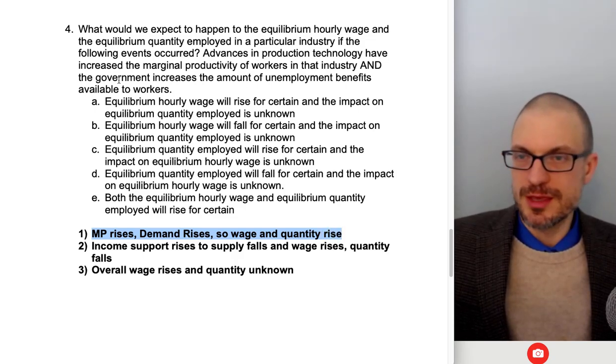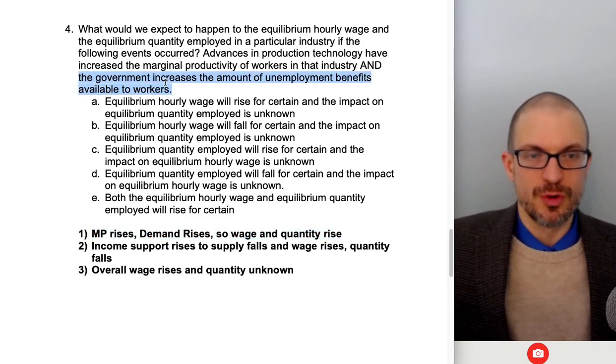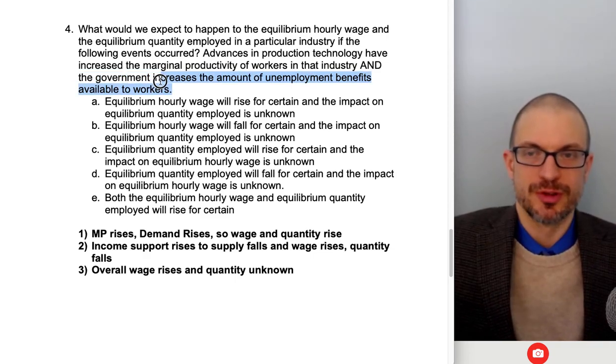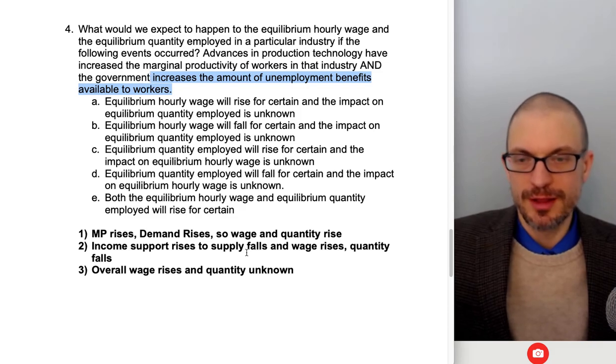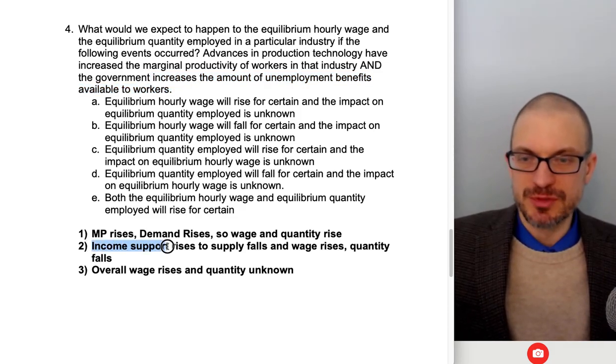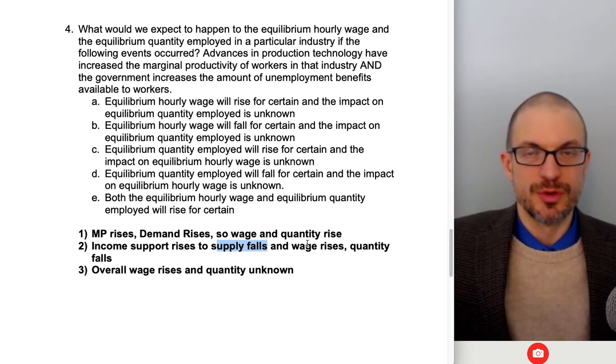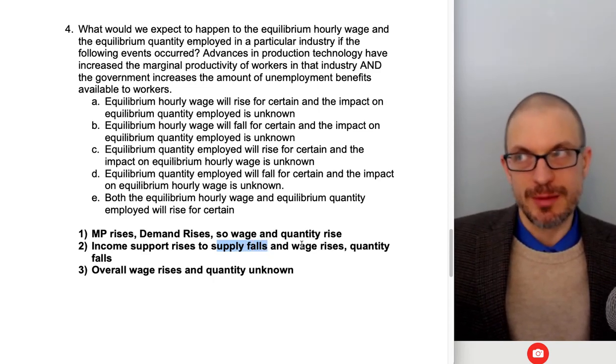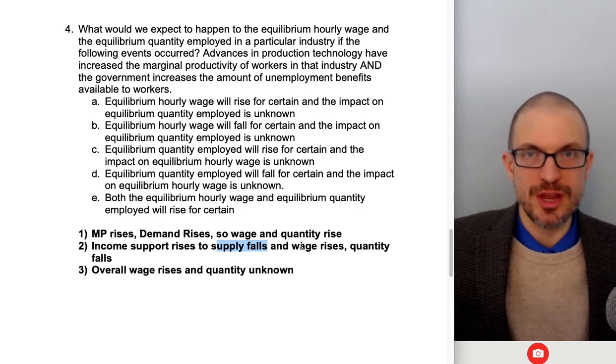And the government increases the amount of unemployment benefits available to workers. This is going to reduce labor supply, because people are going to be able to better tolerate being unemployed. And so this income support increase is going to cause labor supply to fall. With a leftward shift of the supply curve, labor becomes more scarce, so the wage rises, and then the quantity is going to fall.